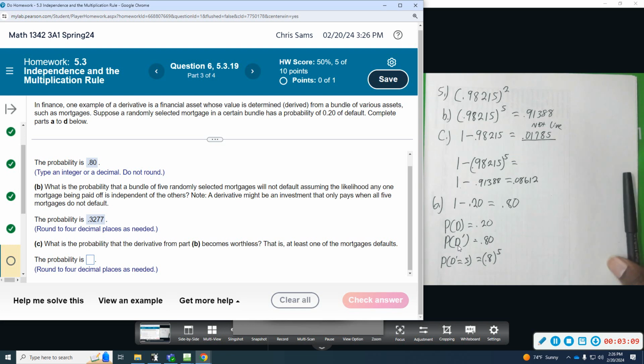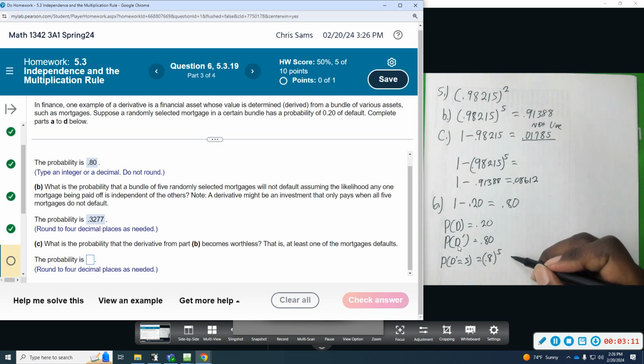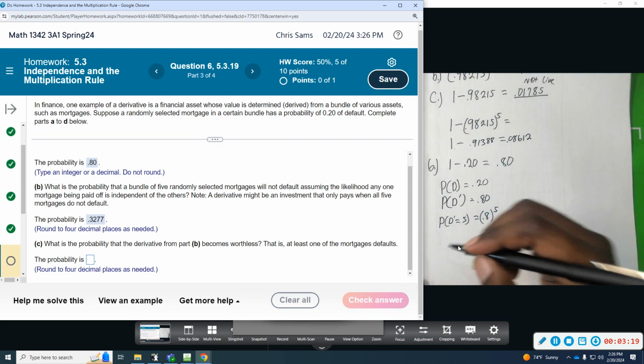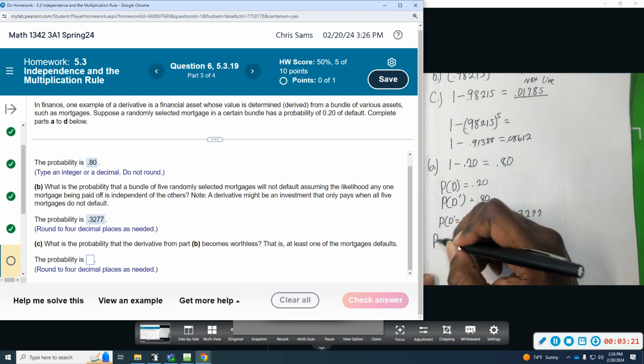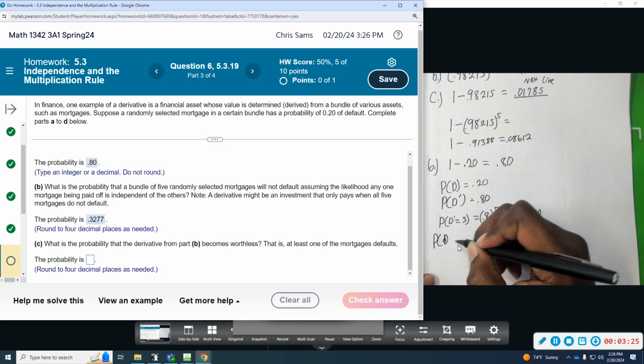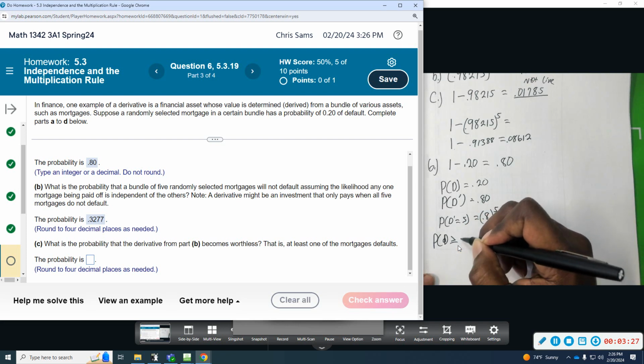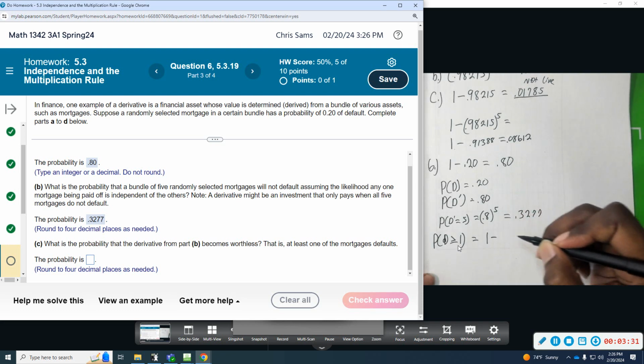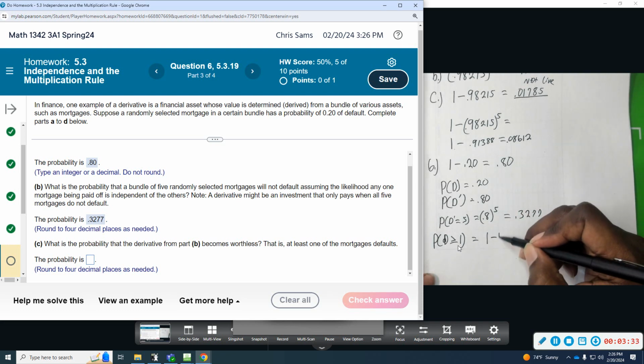If I take the same probability that we just did, 0.3277, then at least one default, D greater than or equal to 1, is the same thing as 1 minus none of them default.